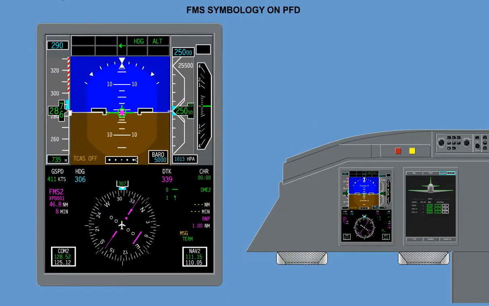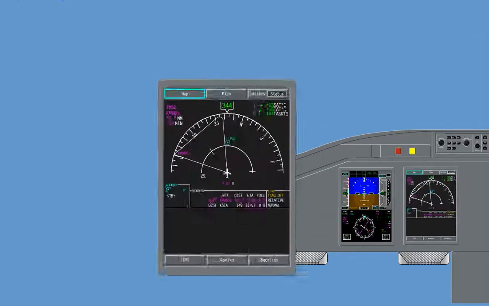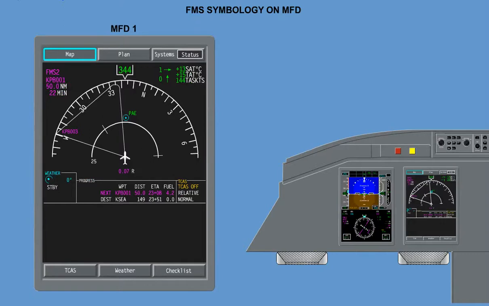FMS symbology on PFD. The FMS button on Display Controller selects FMS as the primary navigation source and toggles between FMS sources. FMS symbology on MFD.